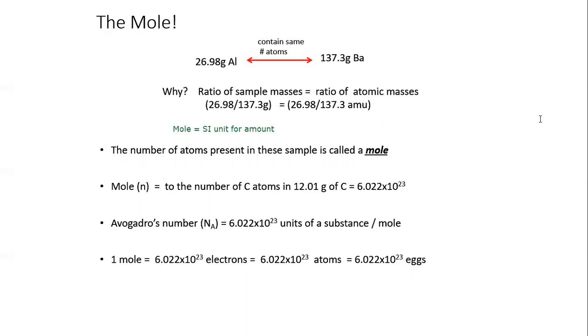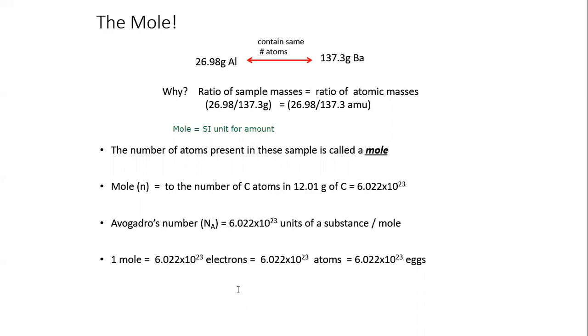If you had a mole of hair, it's 6.022 times 10 to the 23rd strands of hair. So regardless of what you have, if it's one mole, it's going to be that many of that entity. I like to call it entity. So whatever entity you're working on, one mole of that is 6.022 times 10 to the 23rd of that entity.